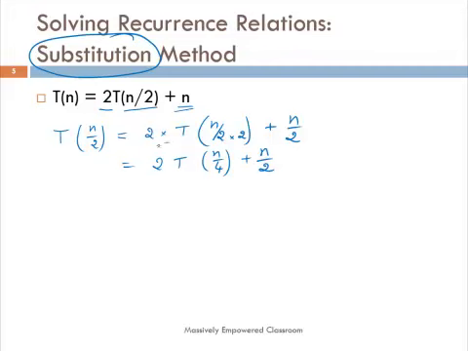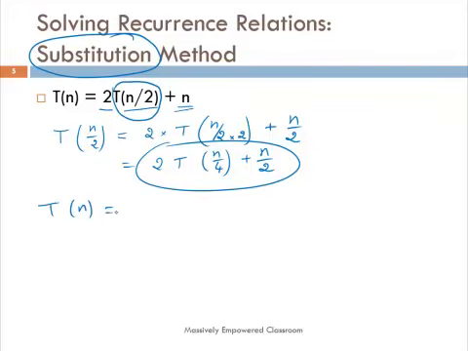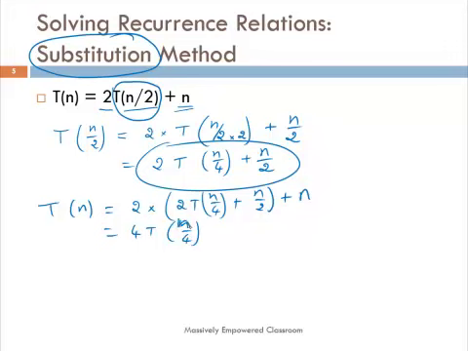So let's take this, right, and substitute it in place of t of n by 2 there. What do we get? T of n is equal to 2 times 2t n by 4 plus n by 2, plus n. That is nothing but 4t n by 4, plus n plus 2n.